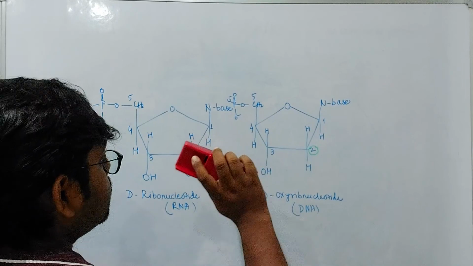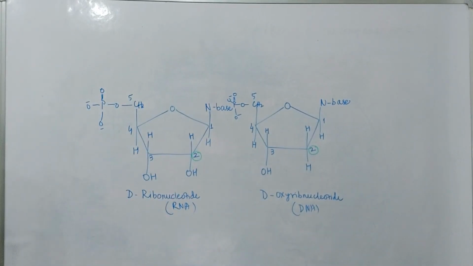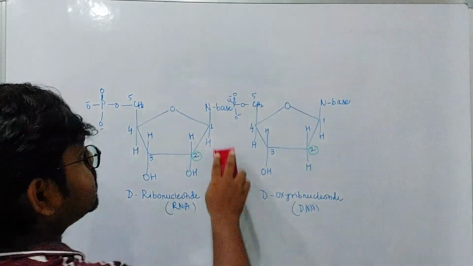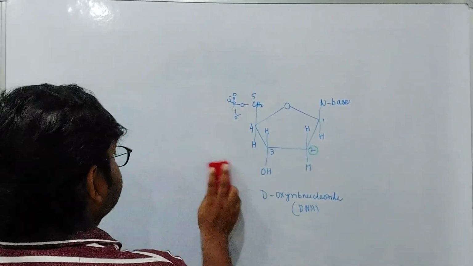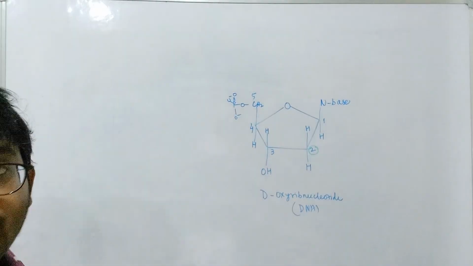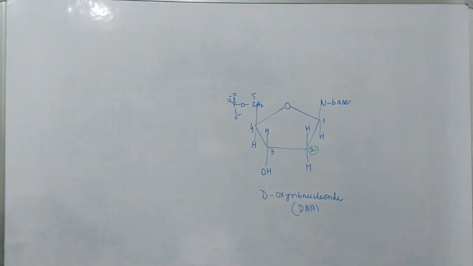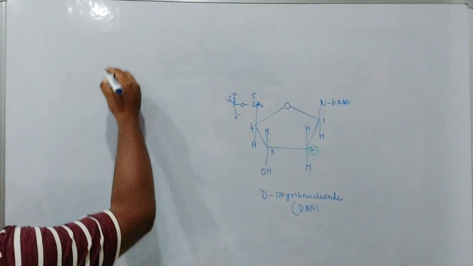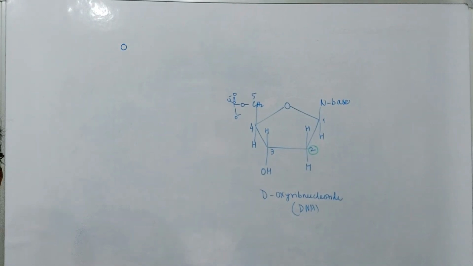So we will do this with deoxyribonucleotide. Let's try to merge them. I am not erasing the structure, it should stay there so that everyone can understand. So let's draw this. I hope it is visible.